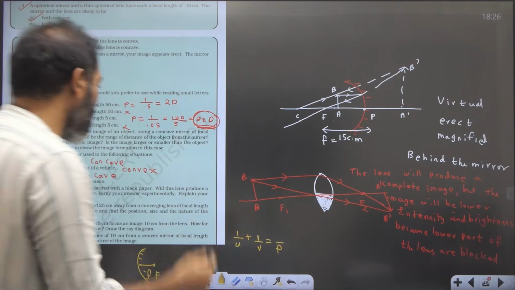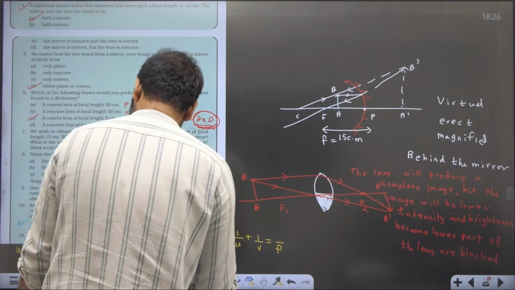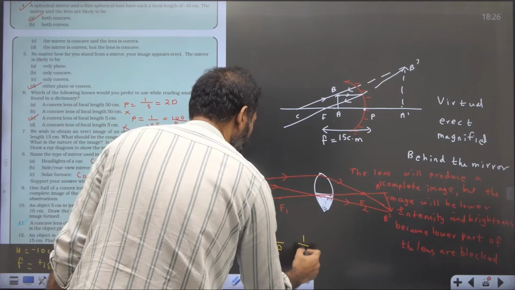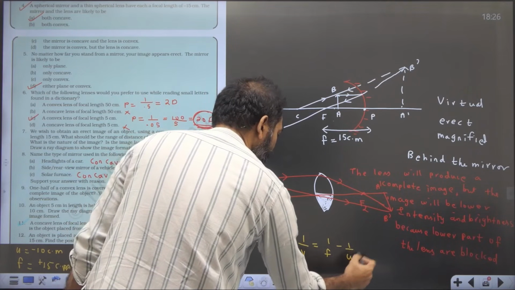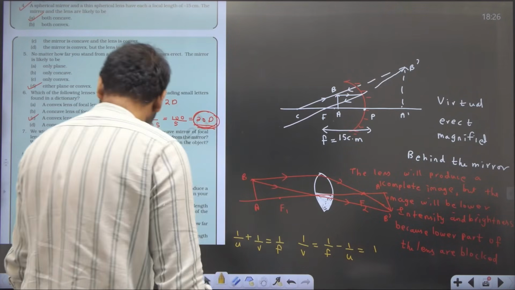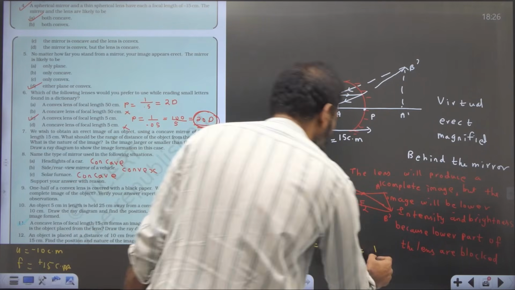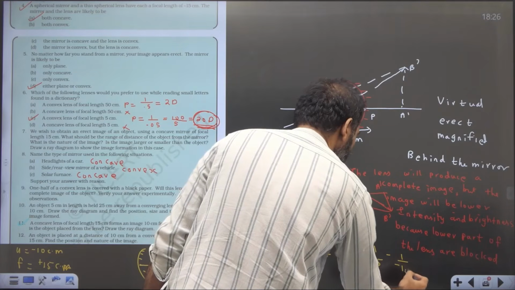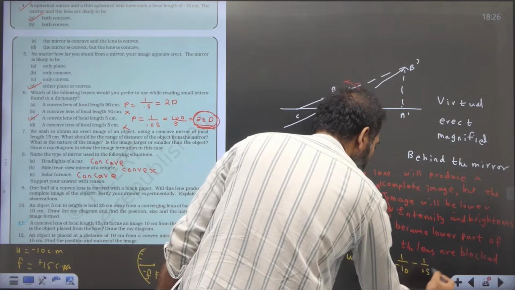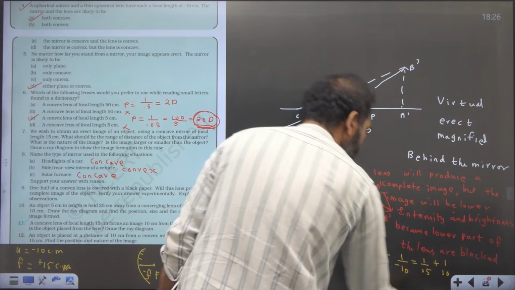For the position and the nature of the image, what we have to find out is 1 by V, which is equal to 1 by F minus 1 by U. So 1 by 15 minus 1 by minus 10, that is 1 by 15 plus 1 by 10.